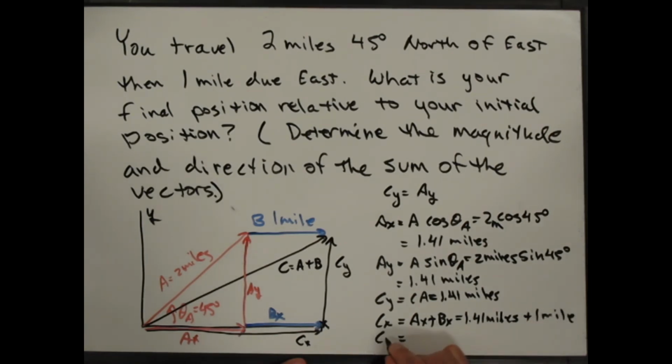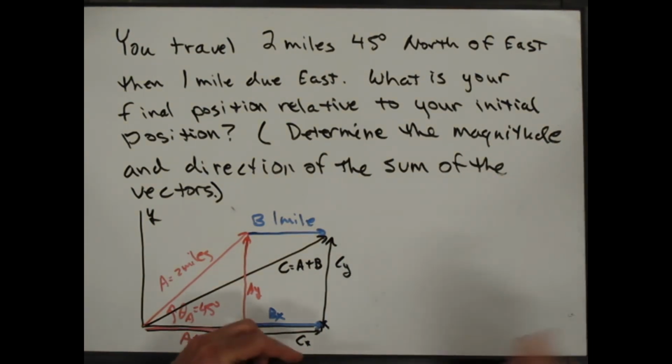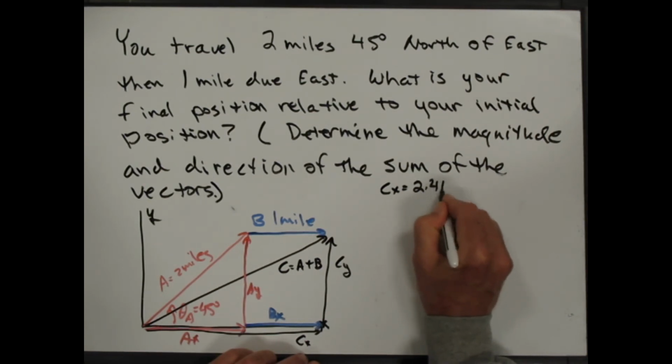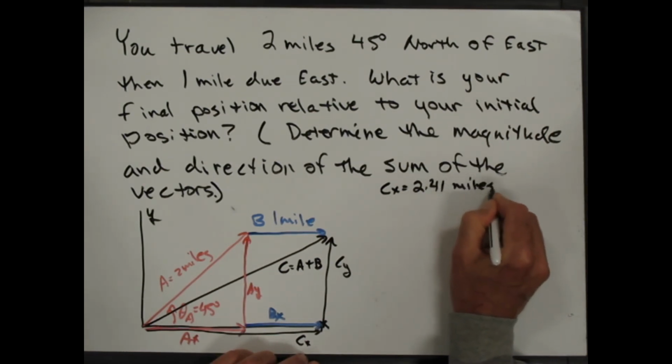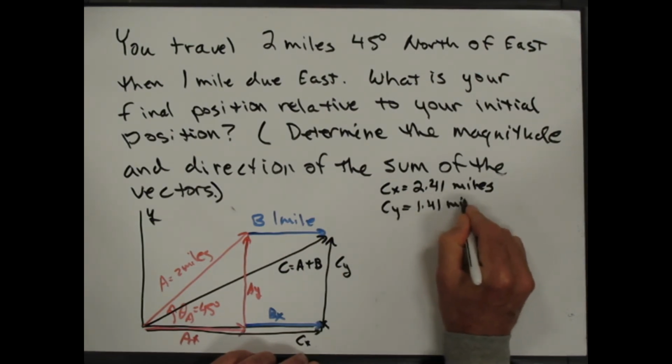And so CX is 2.41 miles. Right. And so now I have the components of C. CX is 2.41 miles and CY is 1.41 miles. And so I'm going to erase this and just rewrite those, right? CX equals 2.41 miles and CY is 1.41 miles.